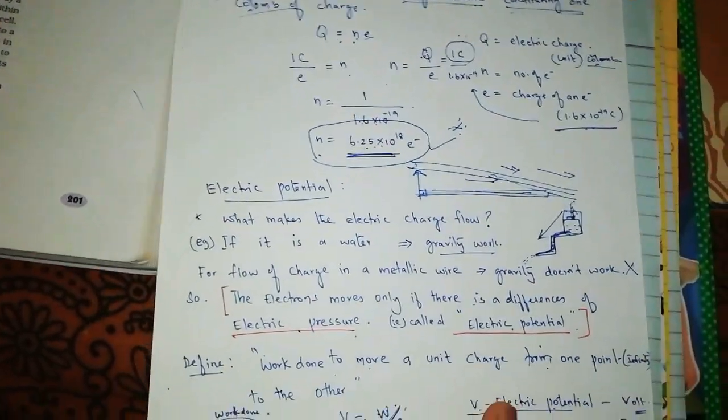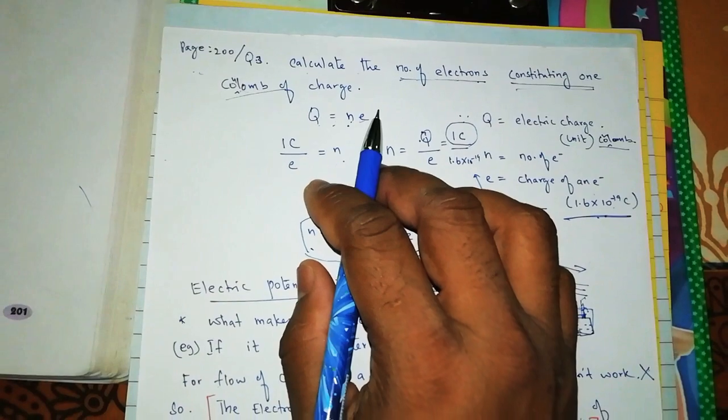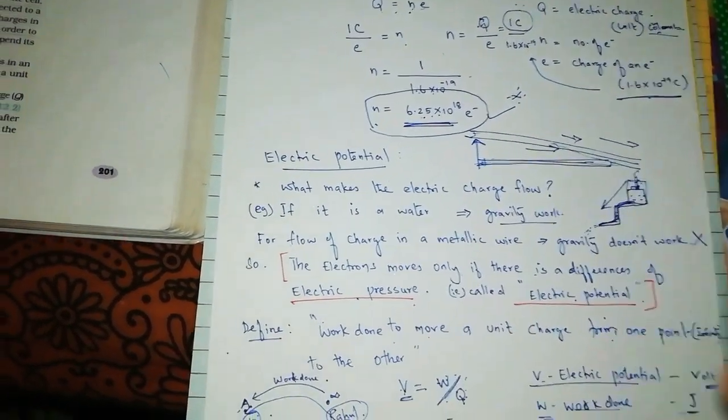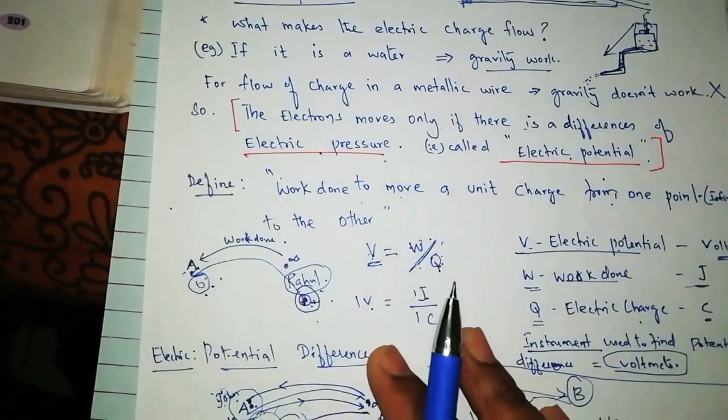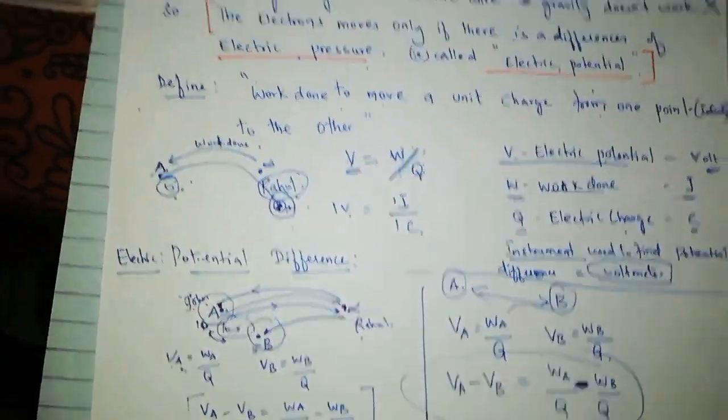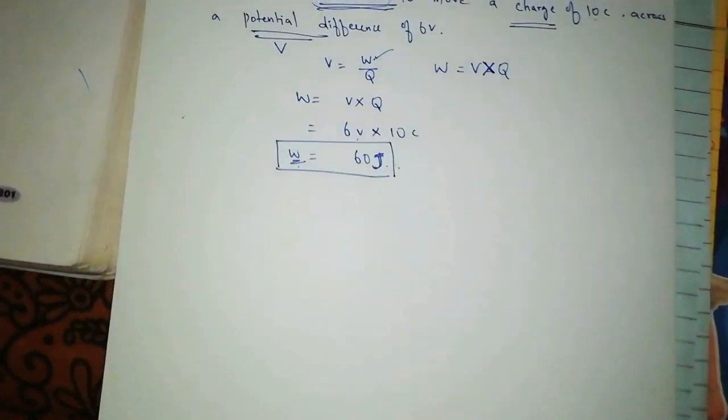Then we learned what is electric potential, and then electric potential difference with one example.